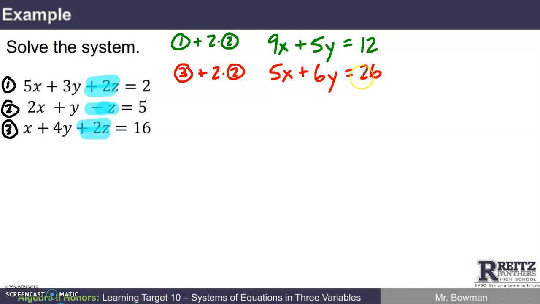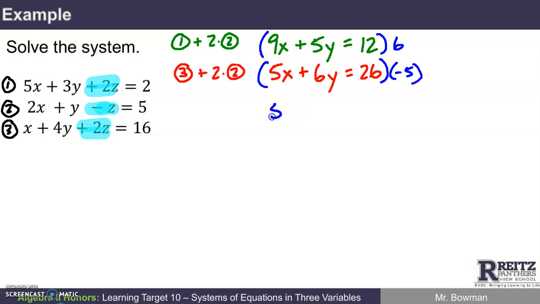Now what we have here is a system that we did a whole learning target about already earlier in this course. We can solve this system. I'm thinking usually by elimination is the way I would prefer. I'm looking at my y's, and I think I'd like to multiply this by maybe 6 and this by -5, because that will create 30y and -30y.